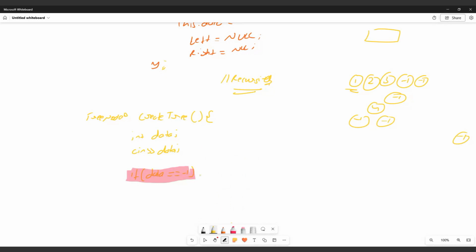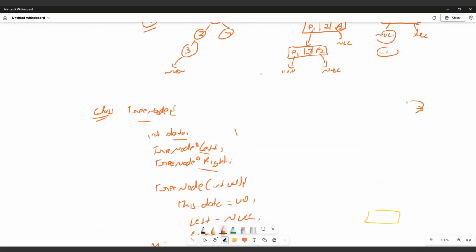It is null, so simply say it is null. Clear up to this point, class? If in this left pointer we are moving towards the left and we encounter -1, it means it is null. There is no data. So return null.